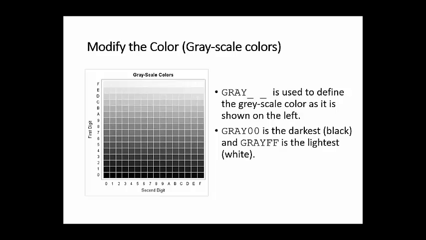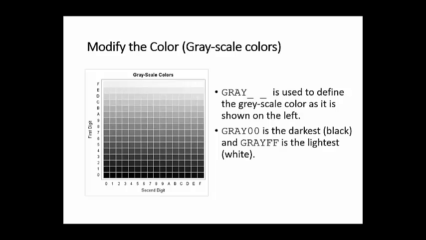Gray blank blank is used to define the grayscale color as it is shown in the picture on the left. Gray 00 is at the bottom left and is the darkest, which is black, and gray FF is on the top right and it is the lightest, which is going to be white.